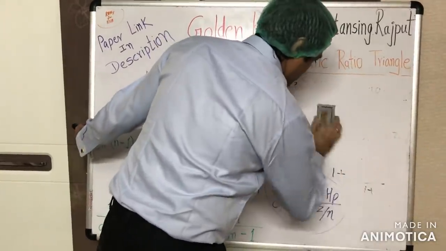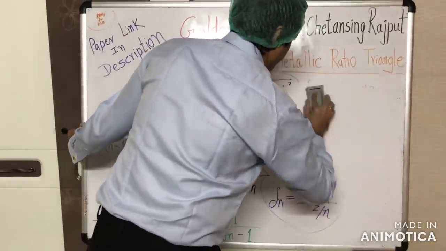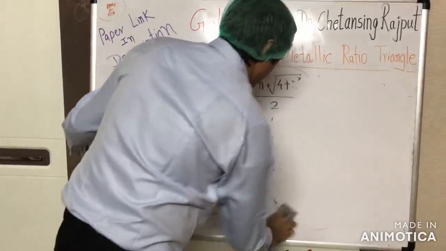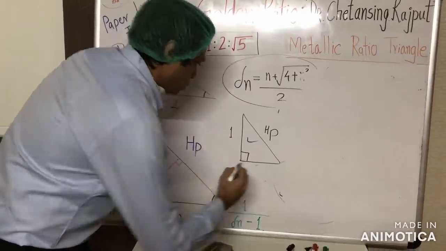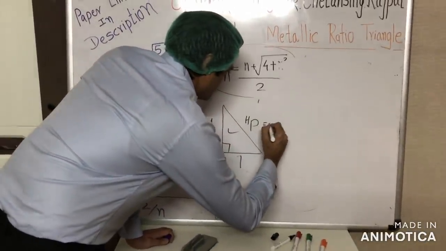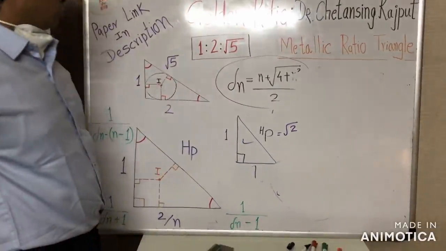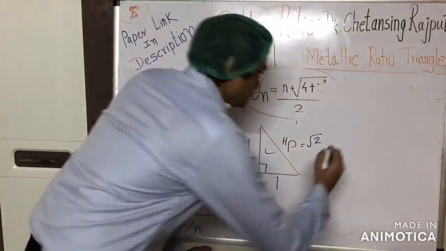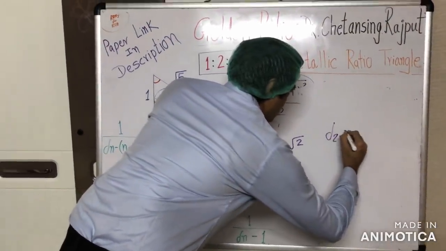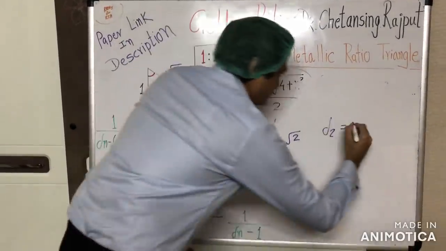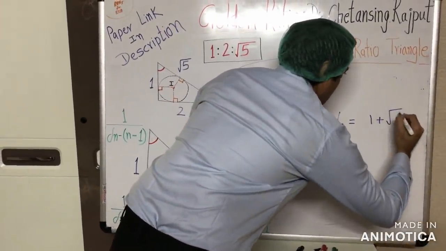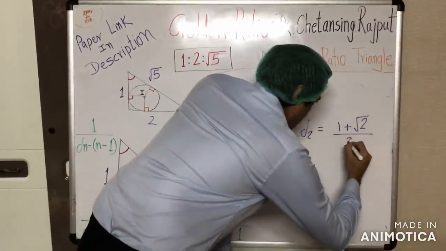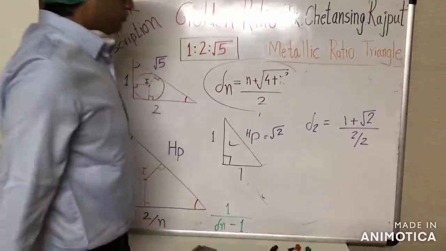Like we can represent the second metallic mean by a right triangle whose catheti are 1, 1 and hypotenuse is root 2. This triangle can represent silver ratio, like silver ratio is equal to this cathetus 1 plus hypotenuse upon the second cathetus 1, or 2 upon n.